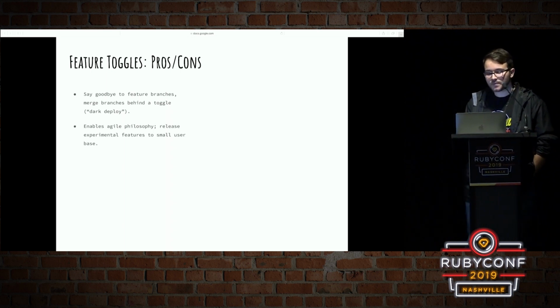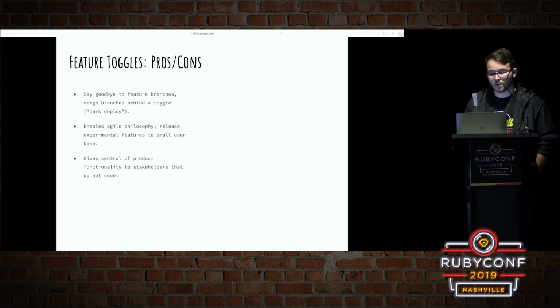Another benefit is it enables the agile philosophy. So you can release experimental features to a small user base, instead of building something that's larger upfront. It also can give control of product functionality to stakeholders.